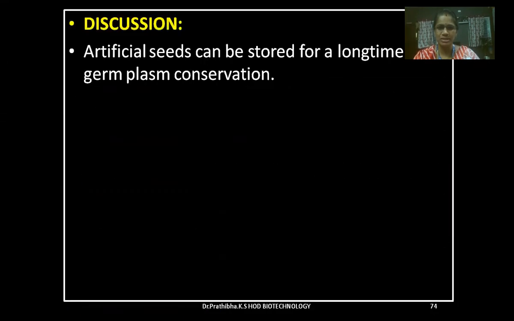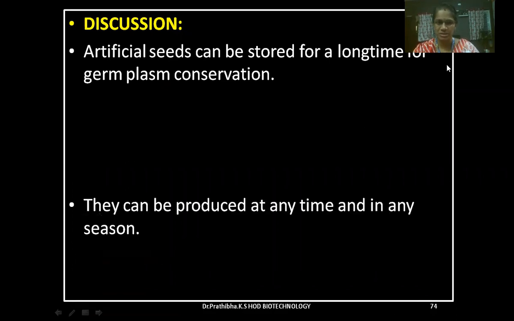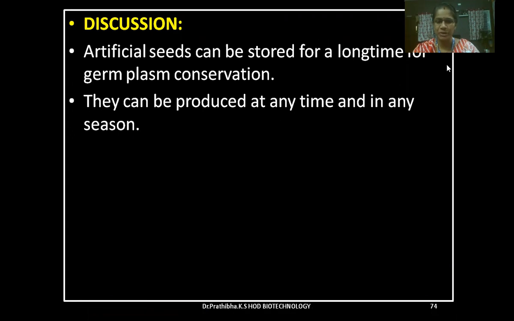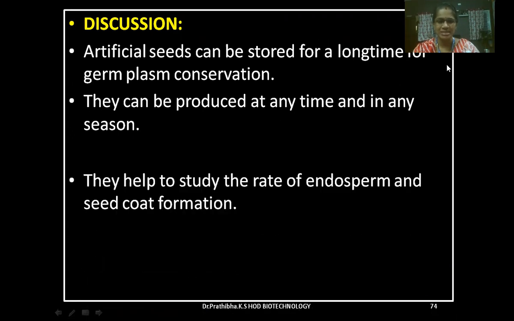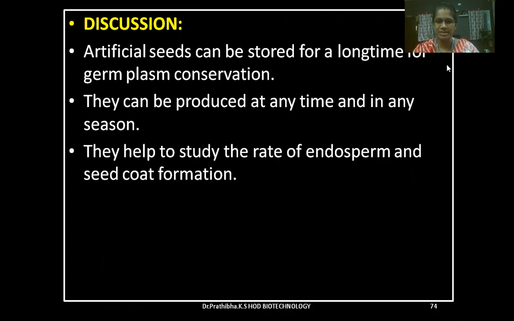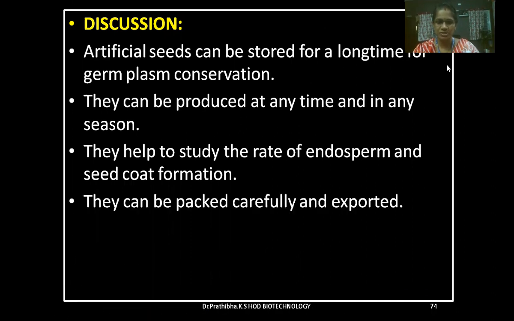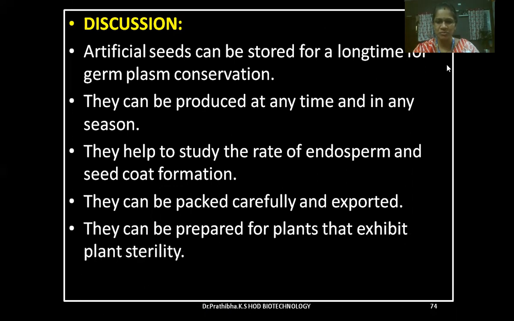Now let us go through the discussion. Artificial seeds can be stored for a long time for germplasm conservation. They can be produced at any time and in any season. They help to study the rate of endosperm and seed coat formation. They can be packed carefully and exported. They can be prepared for plants that exhibit plant sterility.